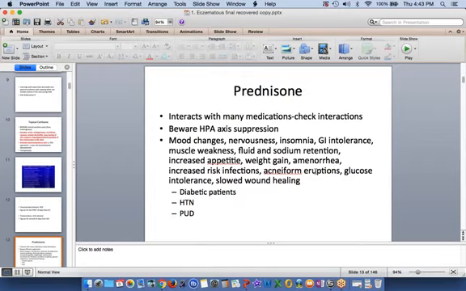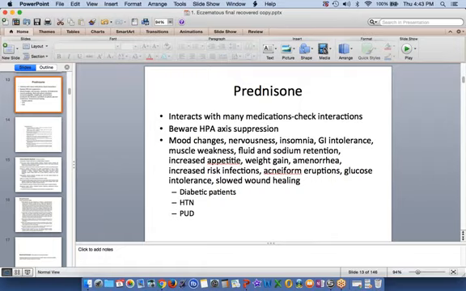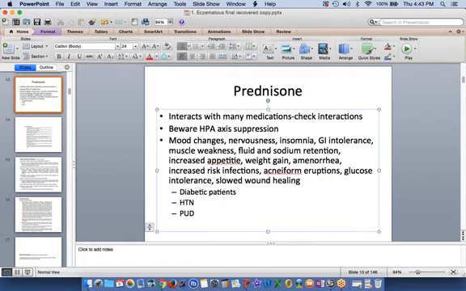Okay, my advice on prednisone is really, I'm going to put it below here. Now let's put it on the top.